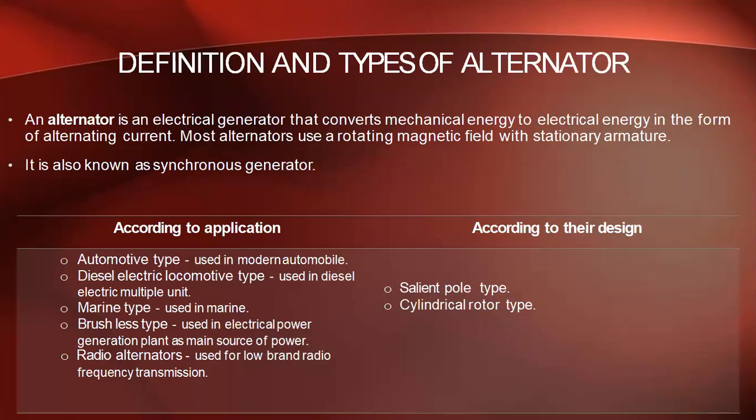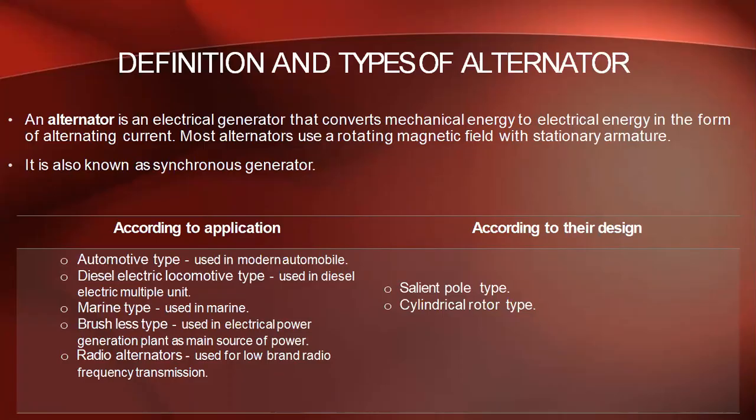Now, coming to the definition of an alternator. An alternator is an electrical generator which converts mechanical energy to electrical energy in the form of alternating current. All these alternators have a stationary armature and a rotating magnetic field. You can compare this with a DC generator.